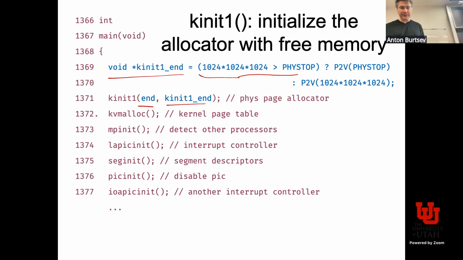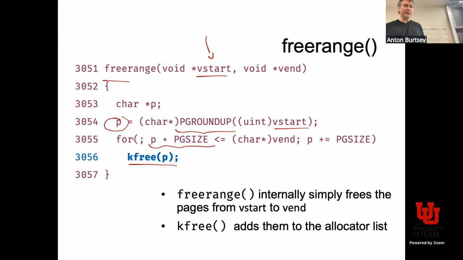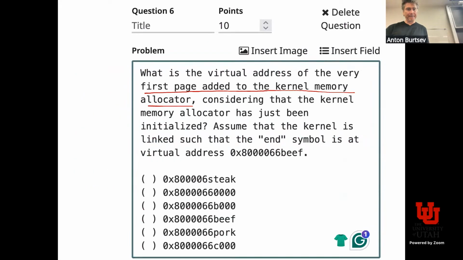Then we were like, because this is how the loop goes. You say I'm looping here starting from p, incrementing p by page size until p plus page size is less than vend. So we don't want to spill into the, and then there's the end symbol.